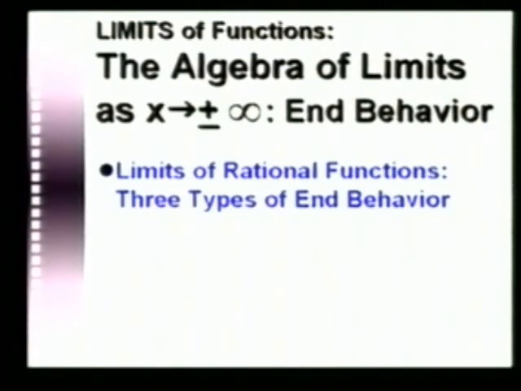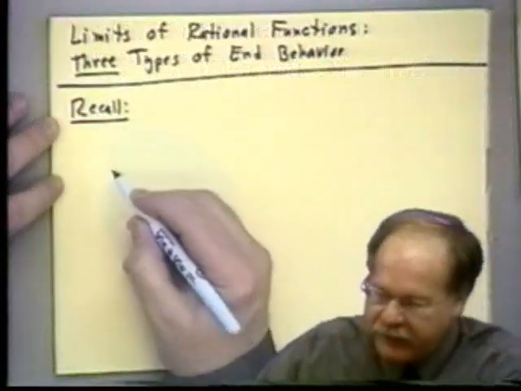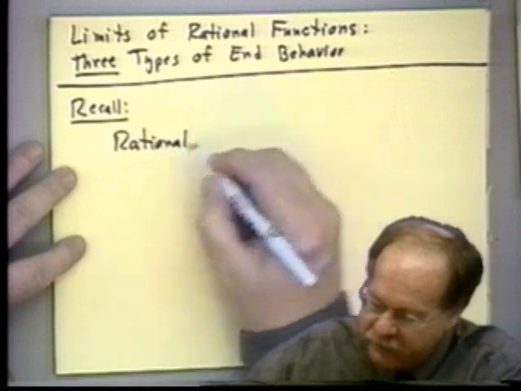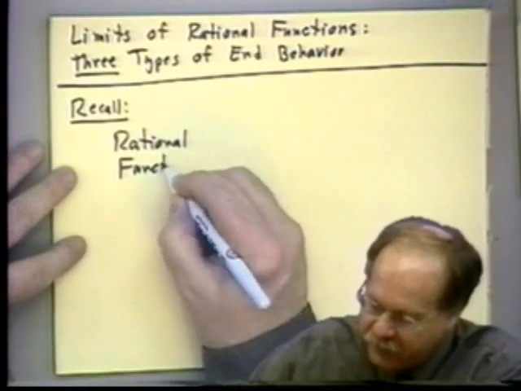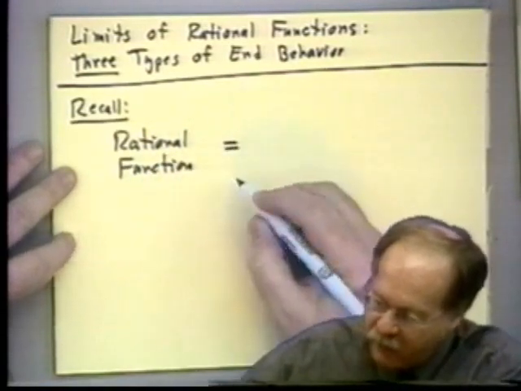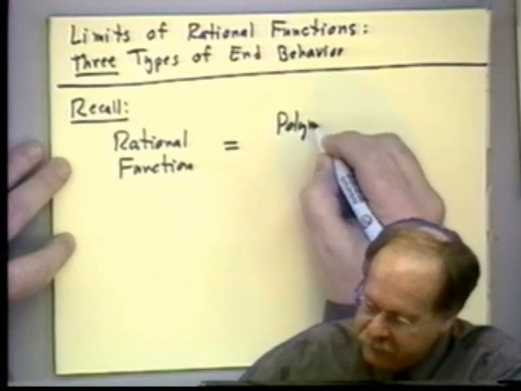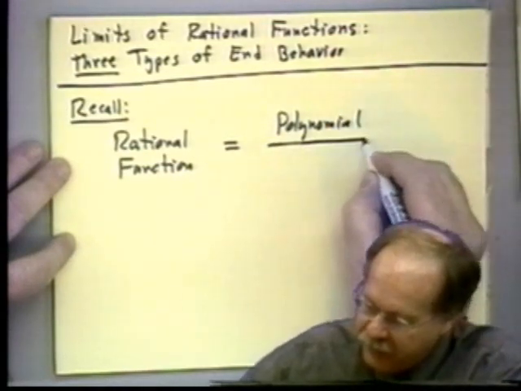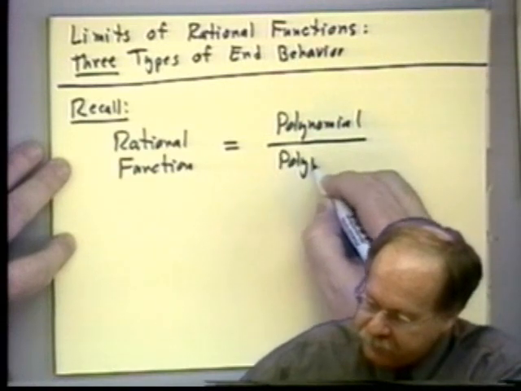So first of all, just to start us off correctly, let's remember that a rational function has the following form. It's a polynomial over, or divided by, another polynomial.